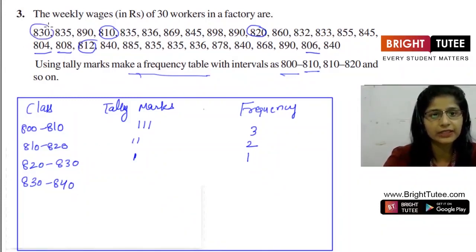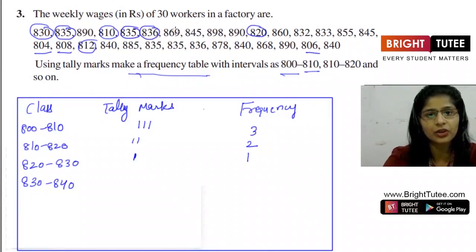So 830, definitely this is 1, then 2, then we have 3, 4, and then we have 5, 6, right? Then we have 7, 8, 9, and that's all.